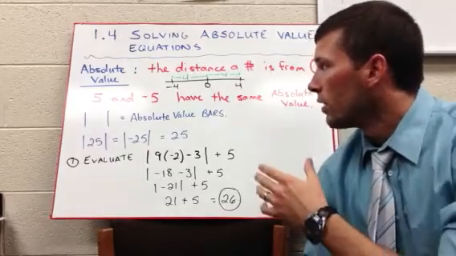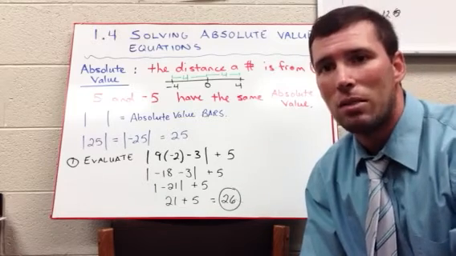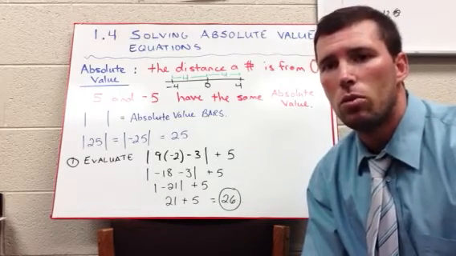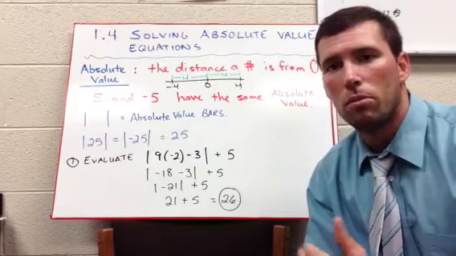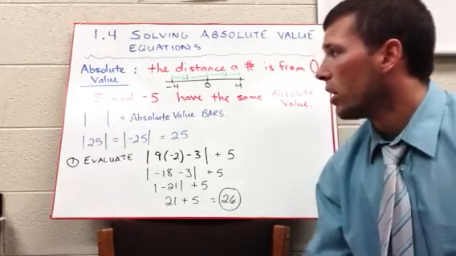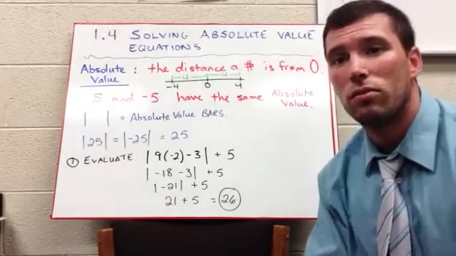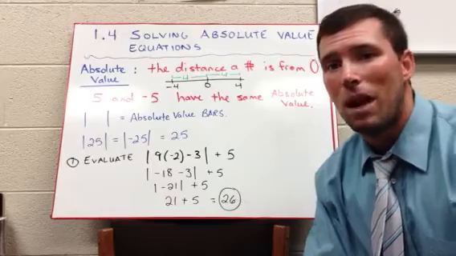So that's another example of how the absolute value is a distance. It's always going to be the same distance away. So you always have two directions you can go from 0. And you can go to the left or to the right. So another example, 5 and -5, I guess in words, have the same absolute value.